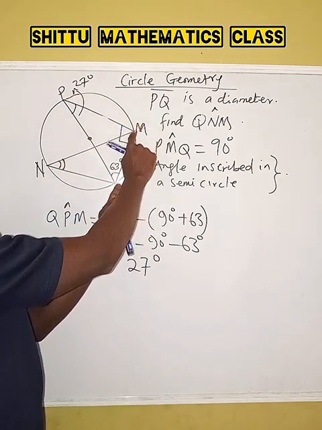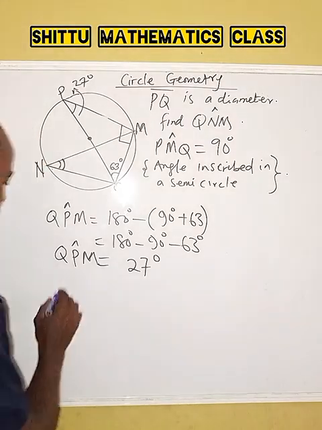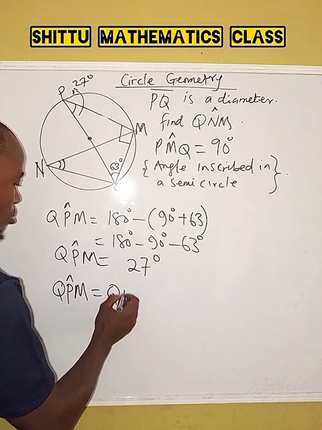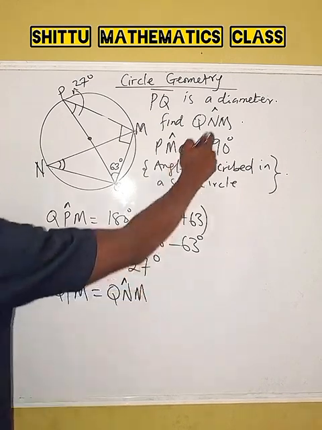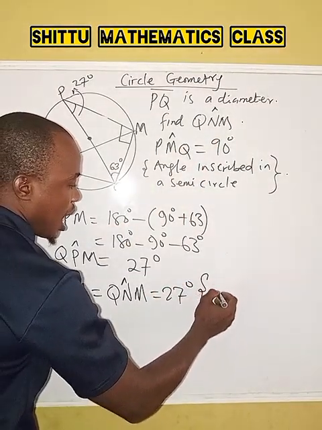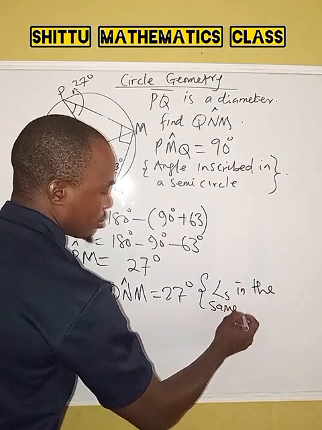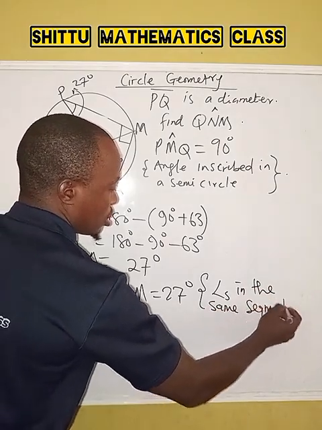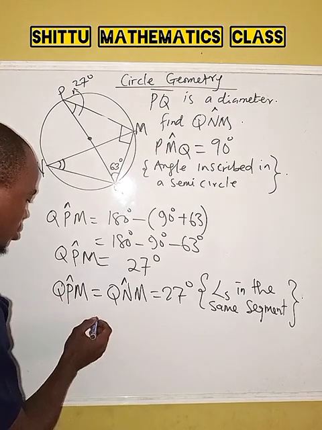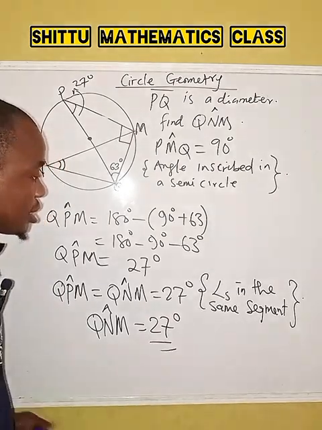You have a way that leads you to N. So, angle in the same segment: QPM is equal to QNM, which is equal to 27 degrees. The reason is that angles in the same segment are equal. Do you understand what I'm saying? Therefore the angle we are looking for, QNM, is equal to 27 degrees. And that's the solution to the problem.